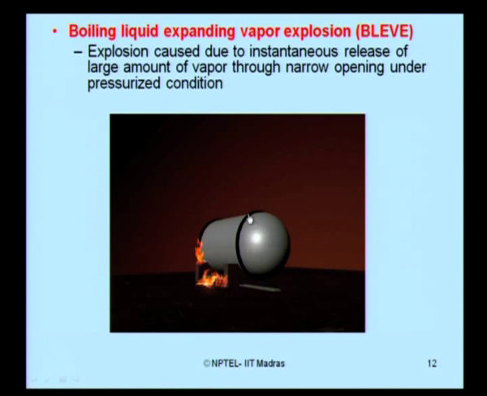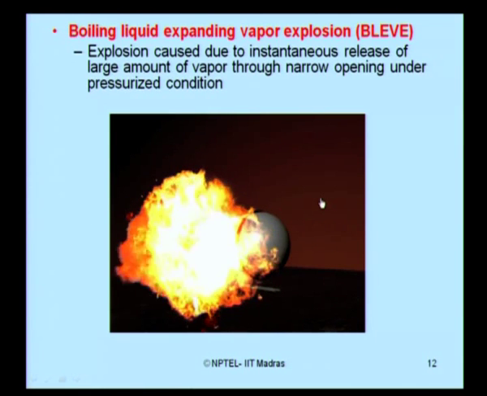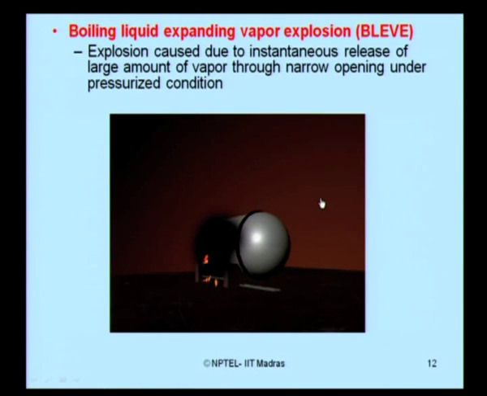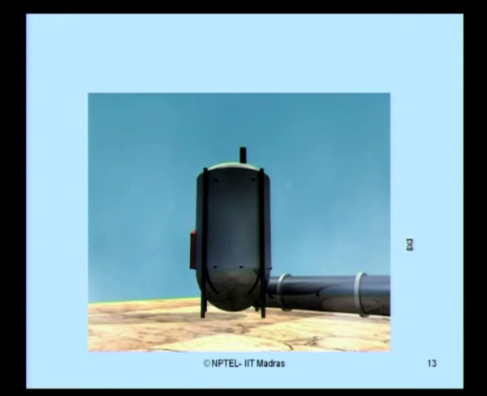I have a contained vessel, I have an increase in pressure in the vessel, and there is a narrow opening through which the large amount of vapor is instantaneously released. That will result in a special kind of explosion which we call a BLEVE. So the pressure is increased in the vessel and there is a narrow opening through which it gets released, and that causes the explosion. This is what we call BLEVE.